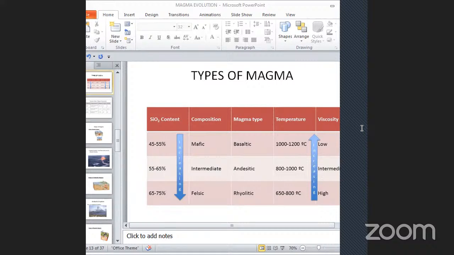This is pumice stone, right? So this pumice stone, along with ash deposits, are some of the ignimbrites, right? So in certain situations, extremely porous rhyolite lava flows may be developed, right?